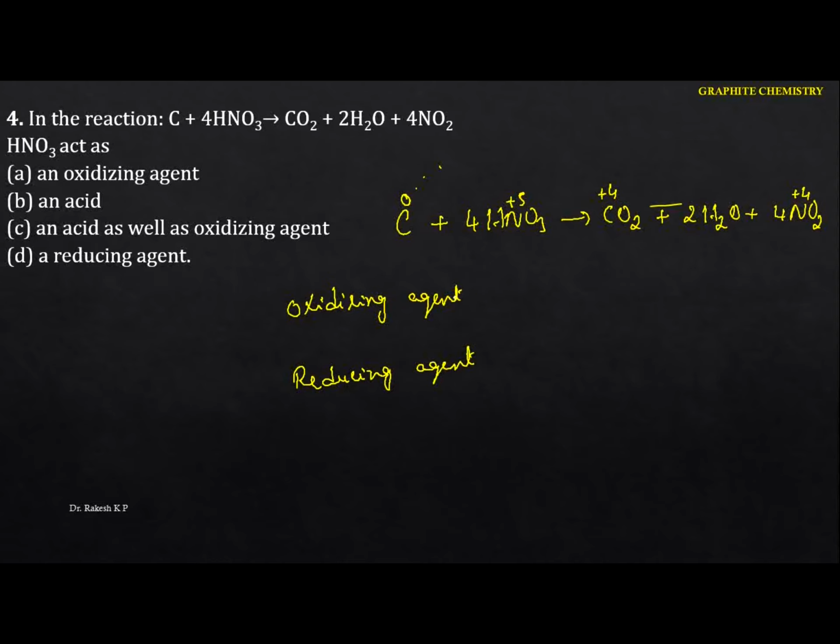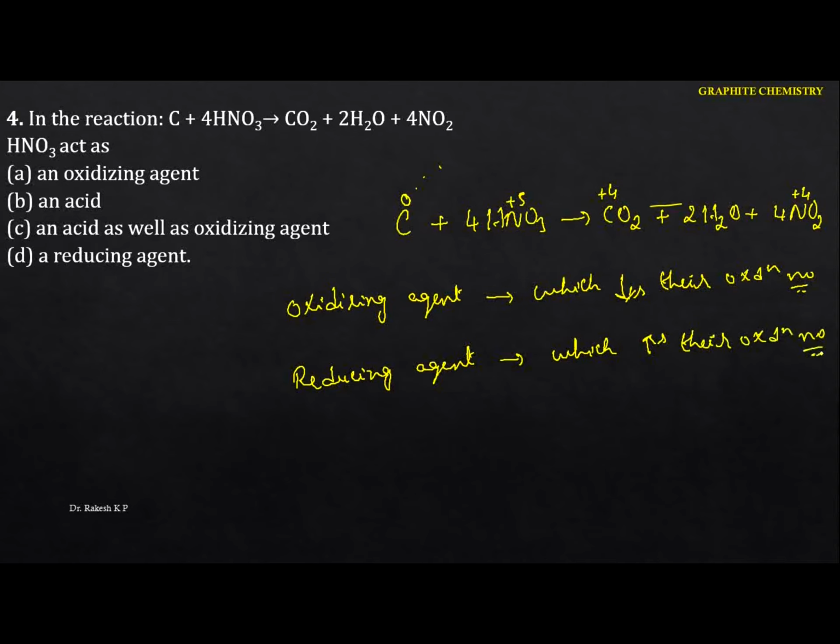Okay, this is exactly the oxidizing agent: the agent which decreases their oxidation number. This one you have to remember: the oxidizing agent decreases their oxidation number. So reducing agent means what? The reducing agent increases their oxidation number.